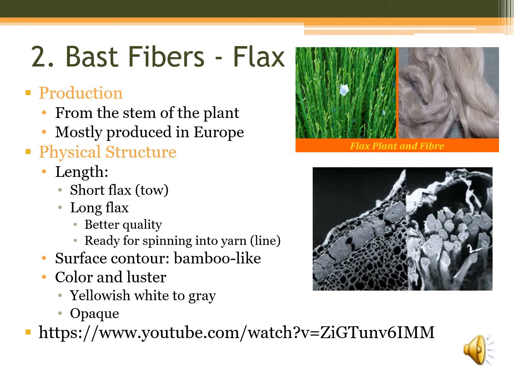In terms of the physical structure of the fiber, the ones that are short are referred to as tow, and then there are longer flax fibers as well, and those, similar to cotton, are of better quality, and those are ready for spinning directly into yarn. The surface contour is almost kind of bamboo-like. It has these little nodes within it, and with respect to color and luster, it's yellowish white to gray, and the fiber is opaque.